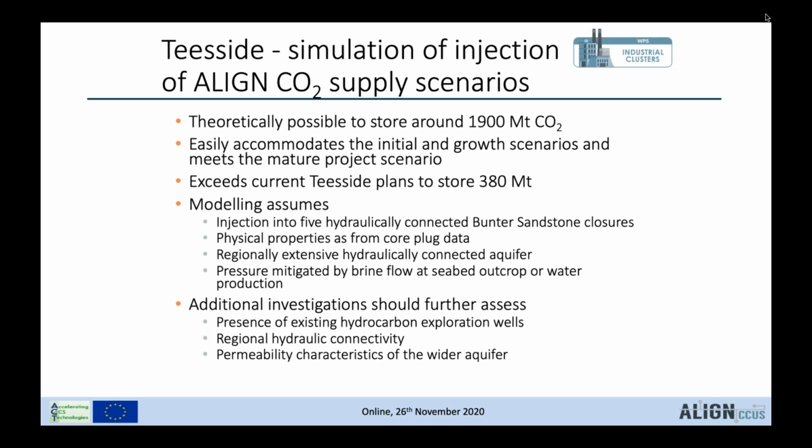And we recommend that additional investigations should further assess presence of existing hydrocarbon exploration wells, further consider the regional hydraulic conductivity of the pore space, and also the permeability characteristics of the wider aquifer. Next slide, please.